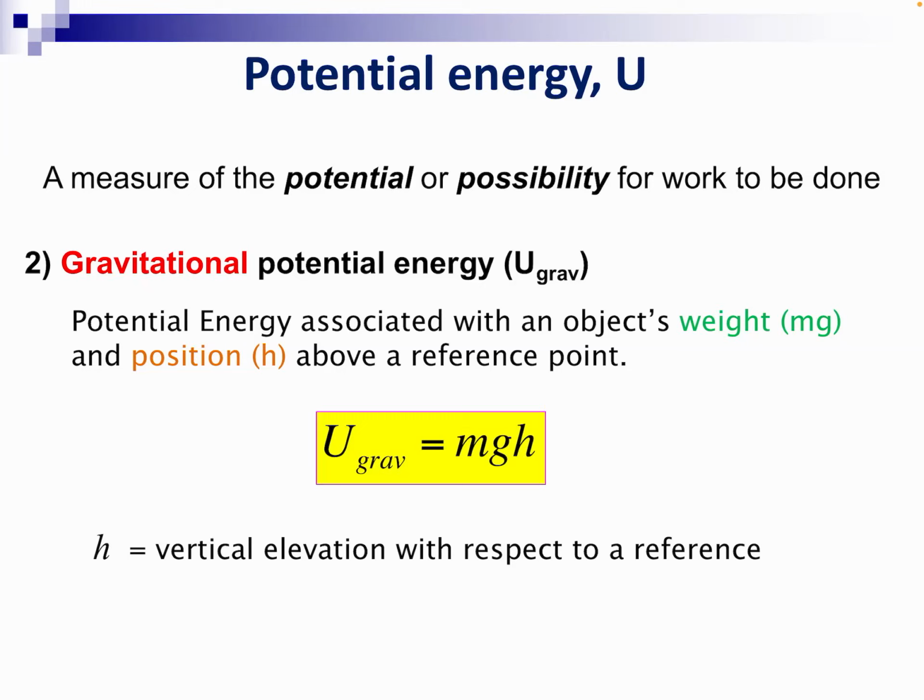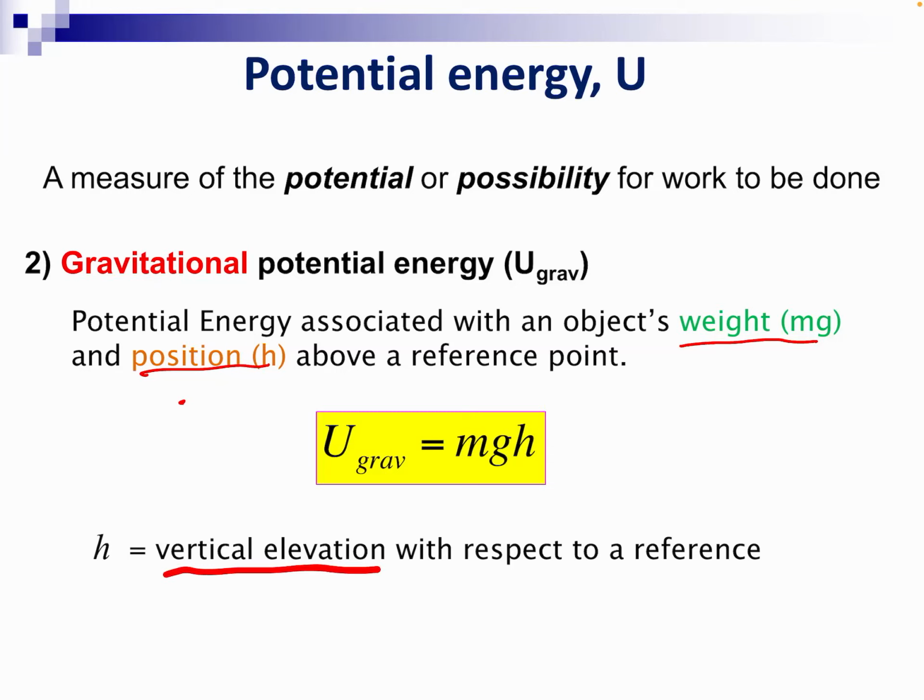The ball will travel a certain height d, and therefore the gravitational force would have done work in pulling the ball down to the original elevation. So gravitational potential energy is then given by this equation. It's associated with the object's weight and position h. Position h is the vertical elevation with respect to a reference.